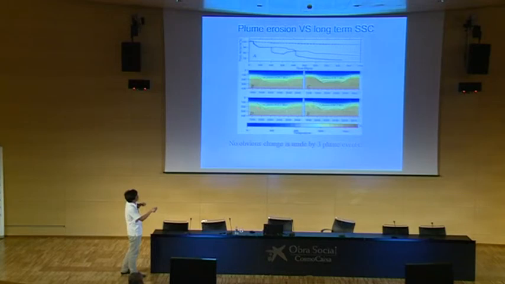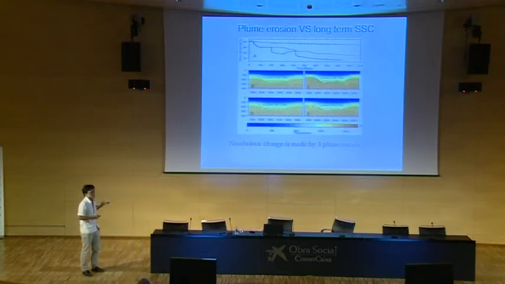I put this dashed line on the no-plume model to compare them. You find that the model with 3 plumes and the one with no plume have really small differences, so there's no obvious change even made by 3 plumes. So I conclude that the mechanical erosion effect of the plume is very small.